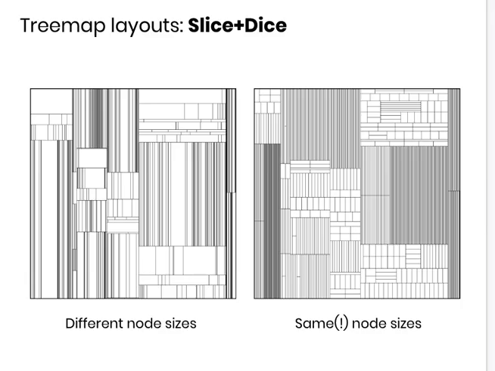But on the left side, we have nodes of different sizes because, for example, they have attributes or a number of children or something. And you see specific artifacts. Here, for example, these nodes are really long. They're barely visible, actually. So the shapes of these nodes here look very different. If all the nodes had the same size, the problem is still kind of the same. Of course, here you can see this.